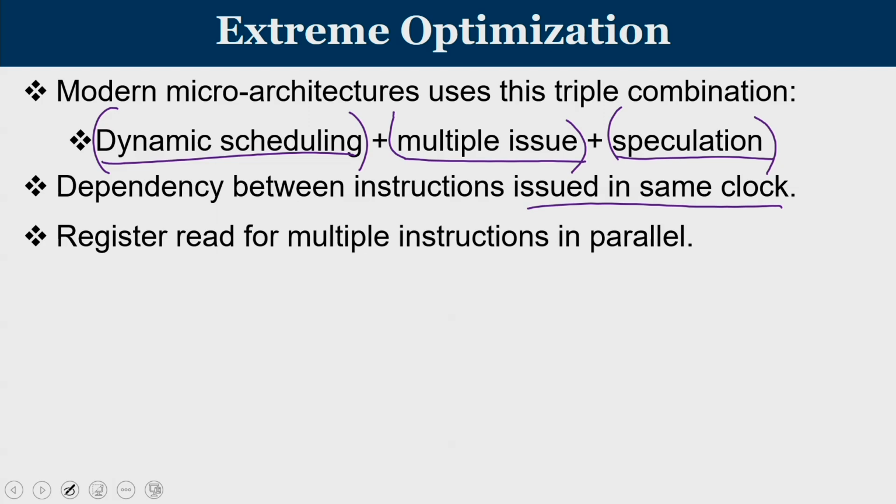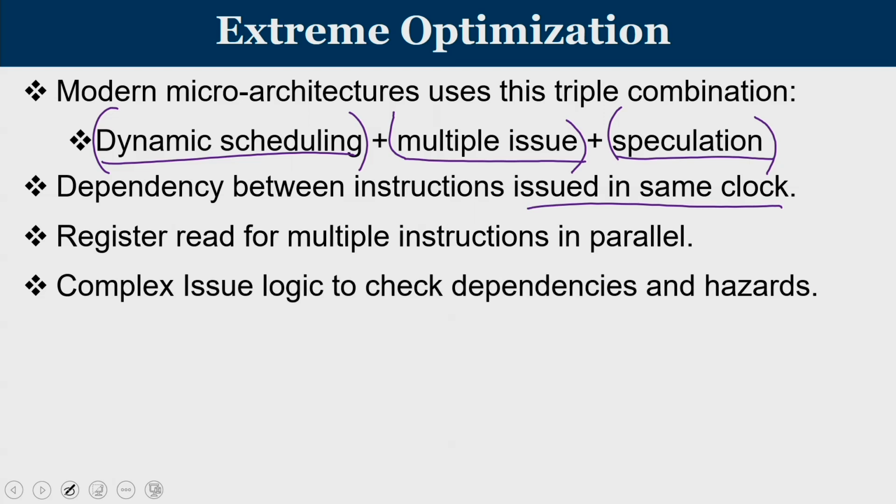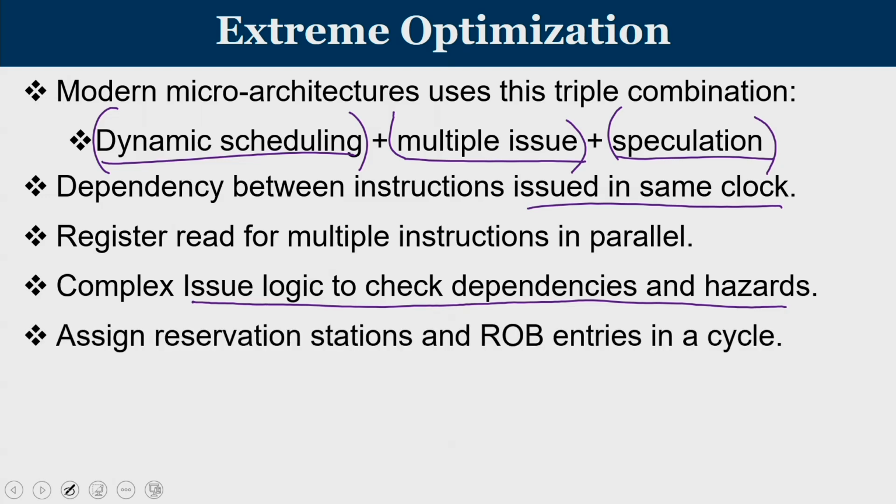And then we need to perform register reads for multiple instructions in parallel, and complex issue logic, because dependency checking and hazard detection will make the issue logic a little complex. And then before issue, as we have learned in Tomasulo's algorithm, we need to book a reservation station, and since it is speculation, we need to find a reorder buffer entry as well.